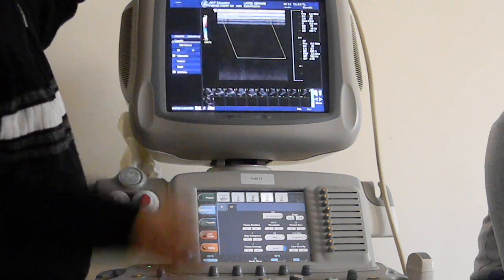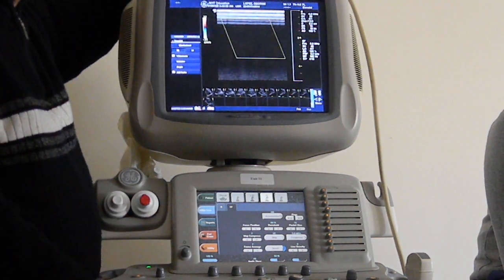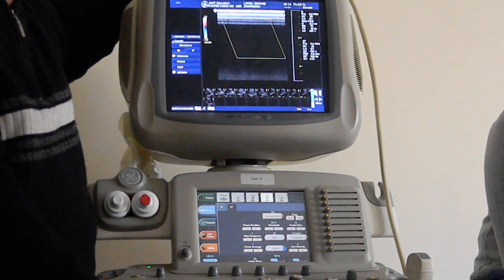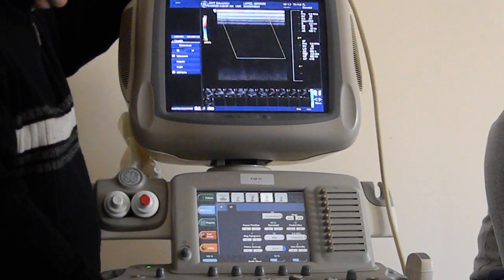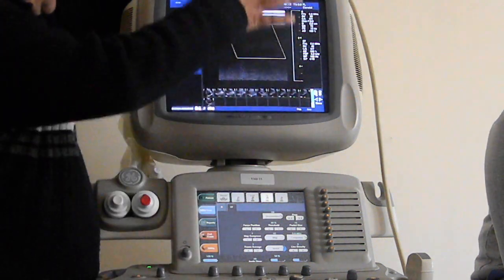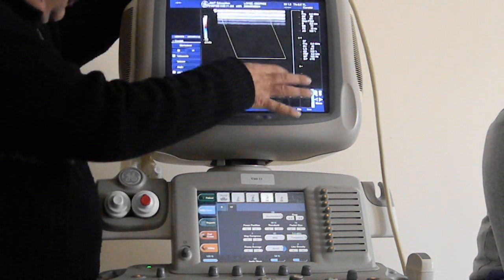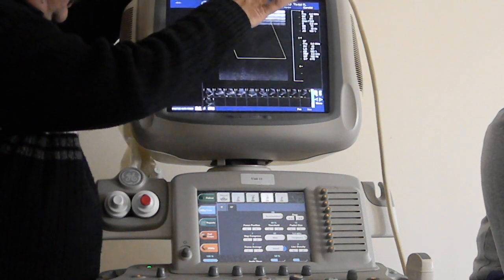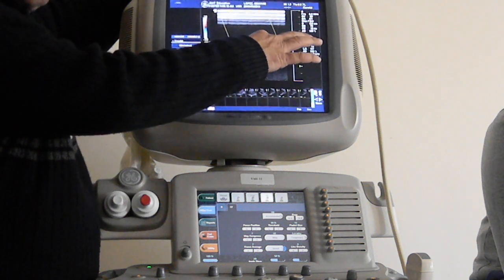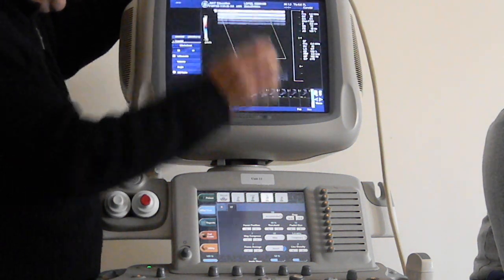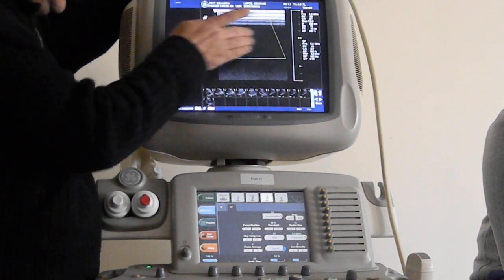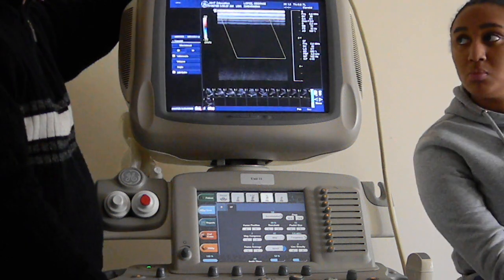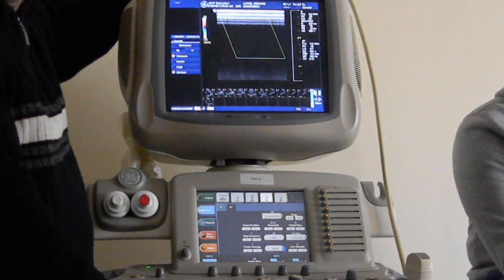Hopefully tomorrow we'll be able to scan, and you'll be able to see a blood vessel and the colors exactly as well. But right now, this is the whole of your image, and within this, some of the beams are directed this way. We'll only see colors in this box, inside the blood vessel.